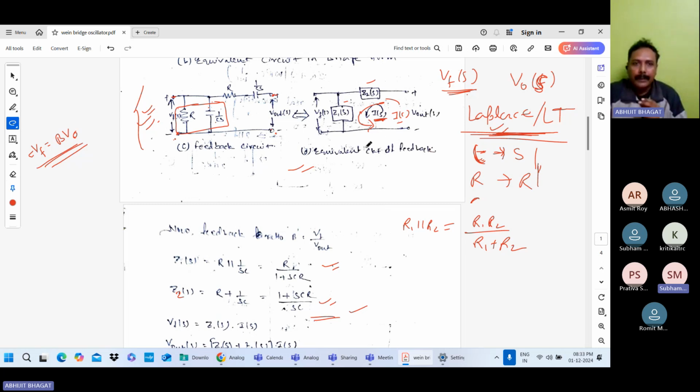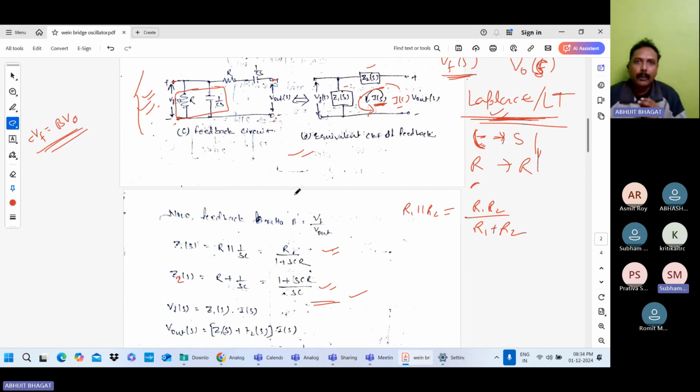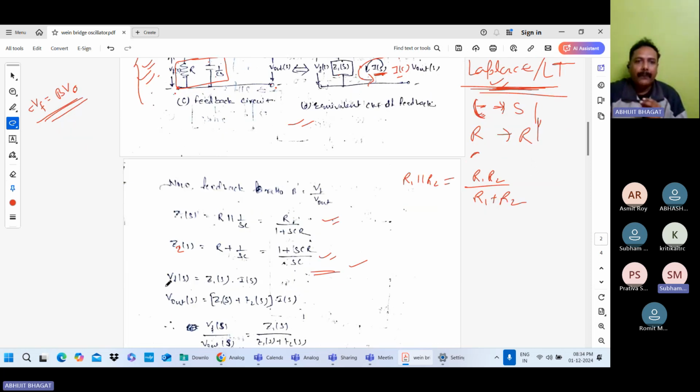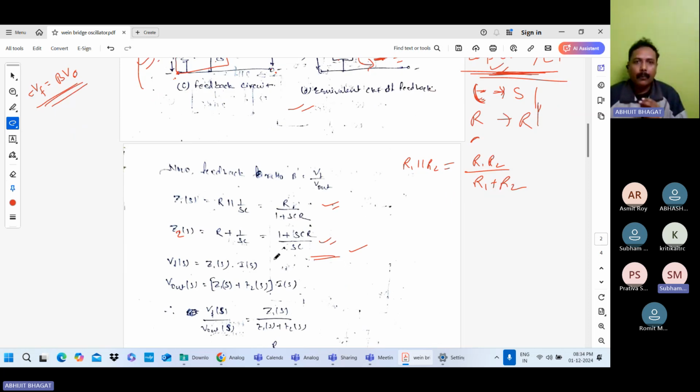So if you use this, then VFS equal to what? VFS equal to this voltage, equal to impedance into current flowing through this. So VFS equal to impedance Z1S, and the current flowing is IS. So Z1S into IS equals VFS. This is the one equation.